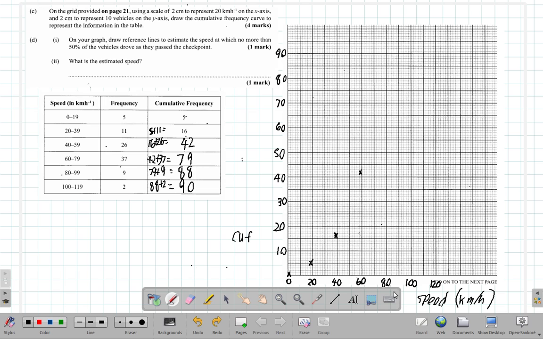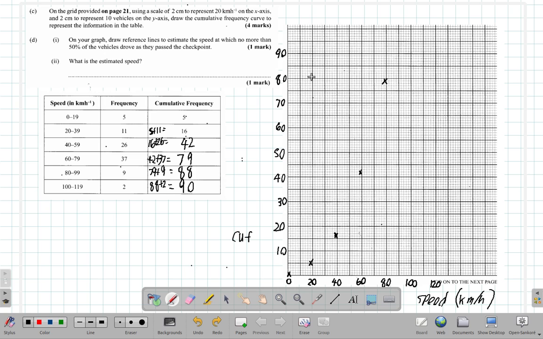Now above the 79, where was it again? The height was 79, just a notch below 80, and I'm locating 79.5, just a notch to the left of 80. So it's right here.